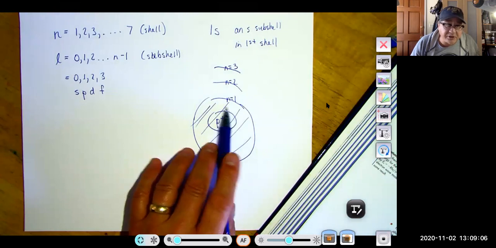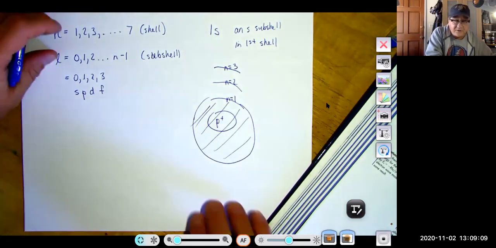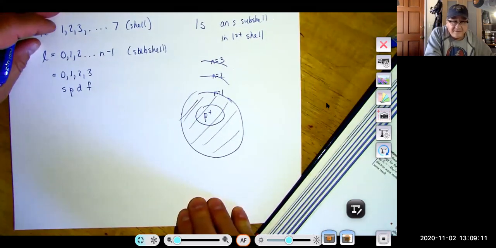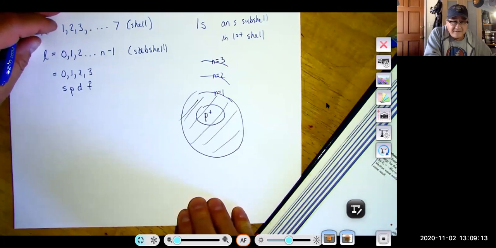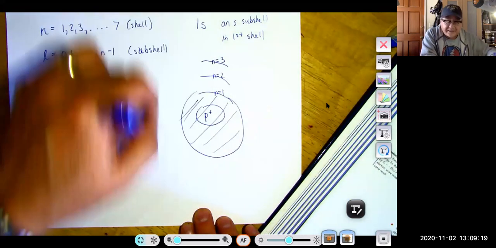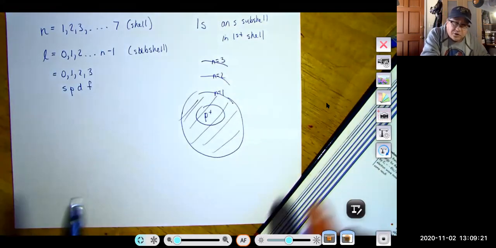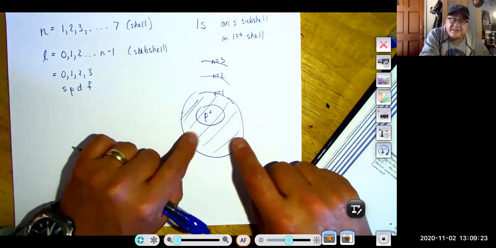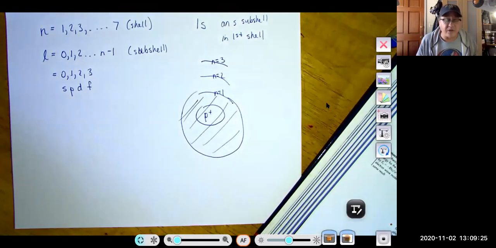It's a three-dimensional space. Are you with me? Bohr's atom, this is an orbit. The electron orbits around the nucleus. Schrodinger's model: this space is a three-dimensional space where you're likely to find the electron.